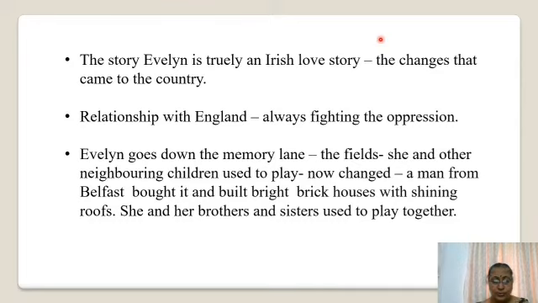And in such places, this brightness is an added attraction. And Evelyn, as a young girl, noticed it because of the bright brick houses with the shining roofs, which is again something that she did not have. Because her house was not made of bright bricks, and nor does it have a shining roof. Maybe because of the age, it had dwindled into nothing.